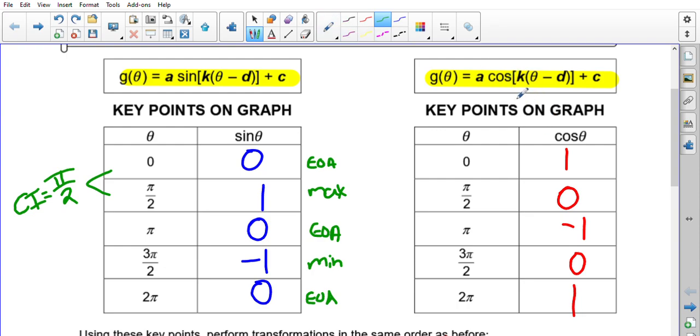Over here for cos, so remember cos has those same theta values here. It also has a critical interval of pi over 2.